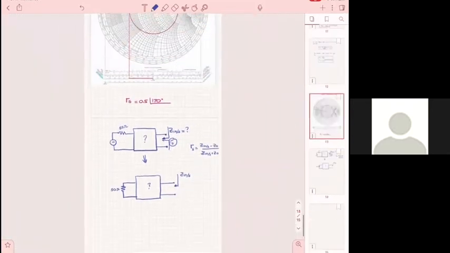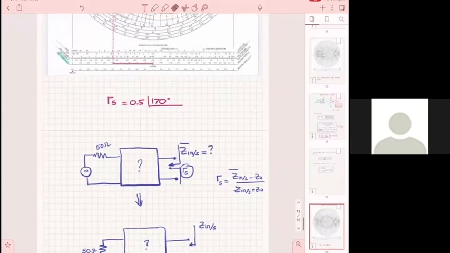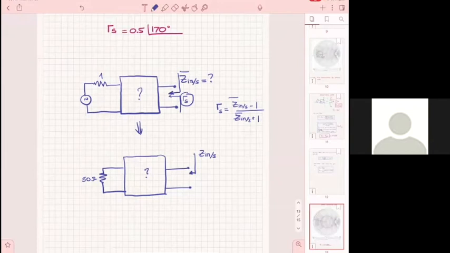Yes. Okay. Now, if I want to be on the Smith chart for impedances, what do I do? I normalize everything. And if I normalize, Z naught becomes 1. Okay, and of course, 50 becomes 1 if I normalize everything.